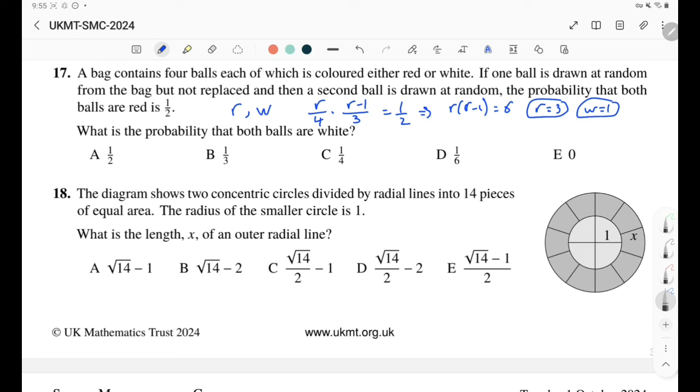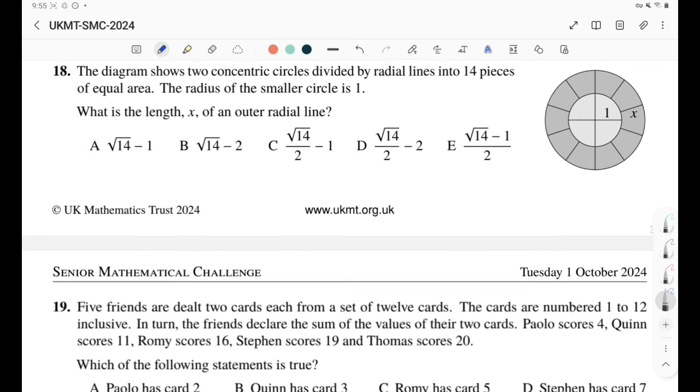So we have a single white ball. Now think about what's the probability that both balls are white. If we already picked the first ball white, then we don't even have a second one. So it's 0, because as we said, we just have a single white ball. We cannot find it twice. So we just have 0. Okay, that's it. Let's move on.